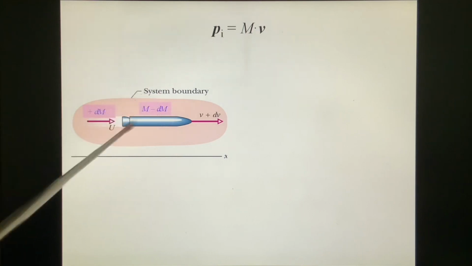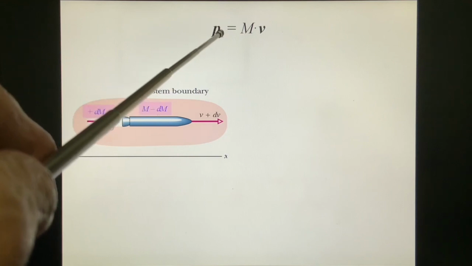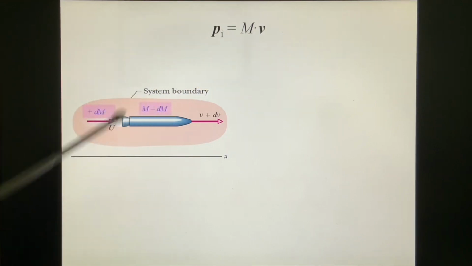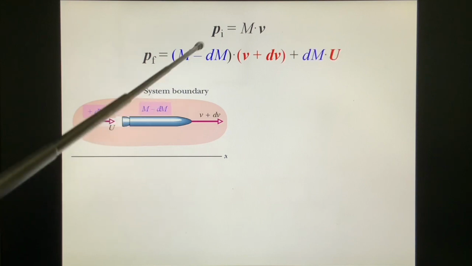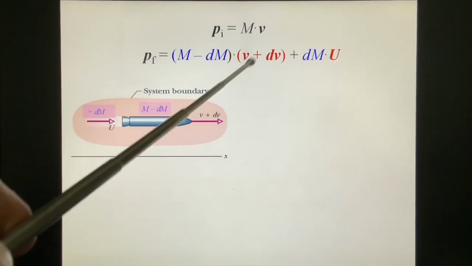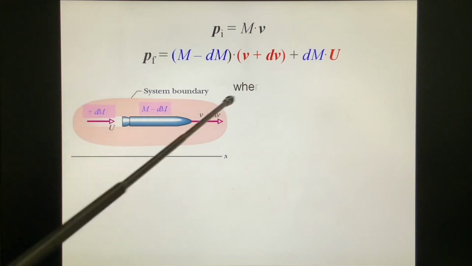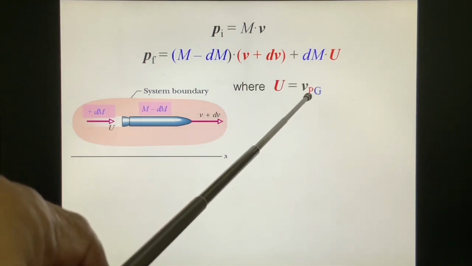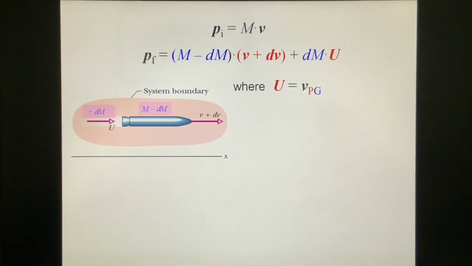So before ejection, the linear momentum Pi of the system is MV. After ejection, you have two parts. One has mass M minus dM and velocity V plus dV, plus the ejected product, mass dM, with velocity u. This u is the velocity of the ejected product relative to the ground, and we don't know that one.